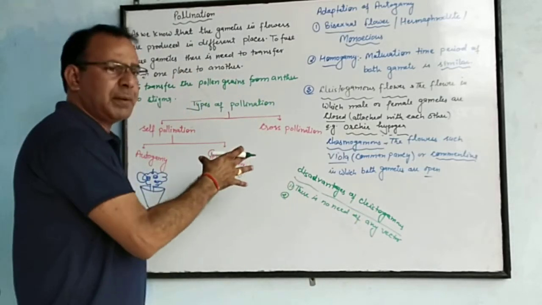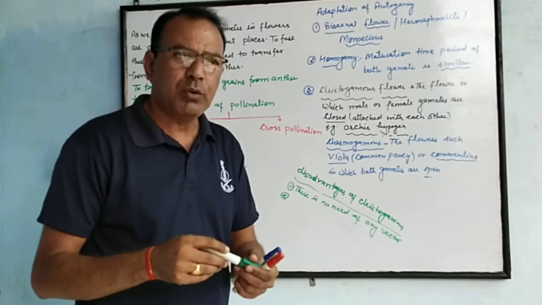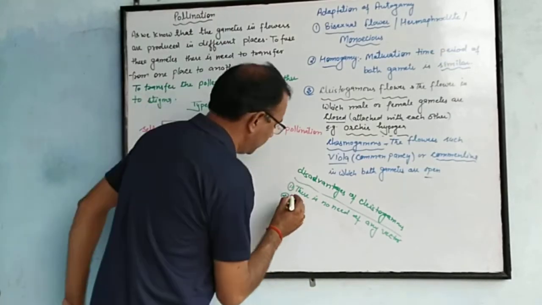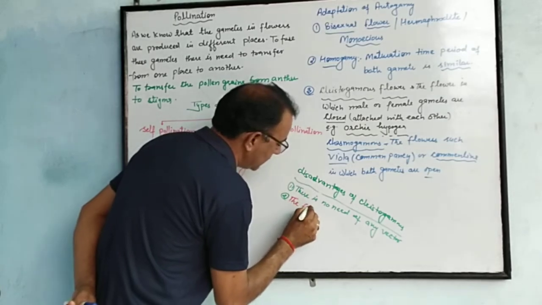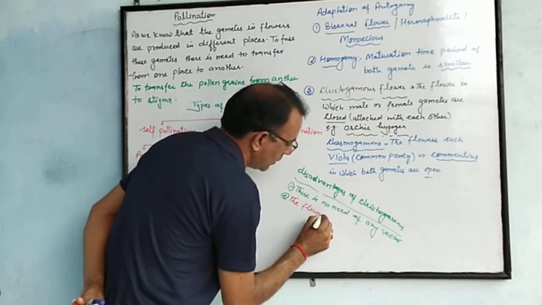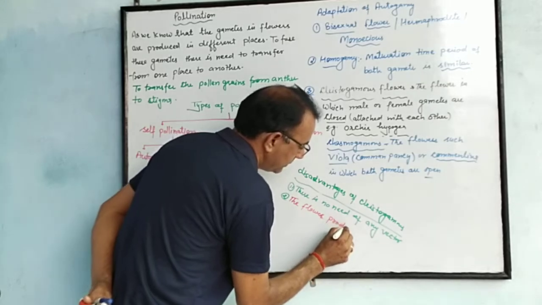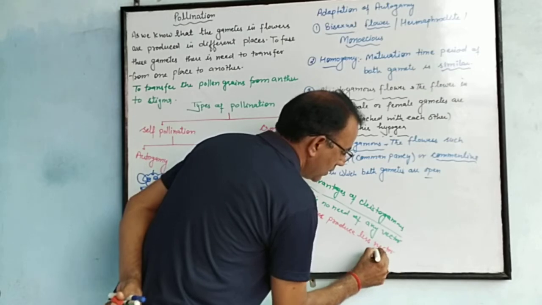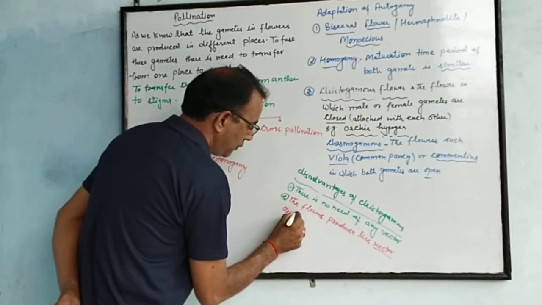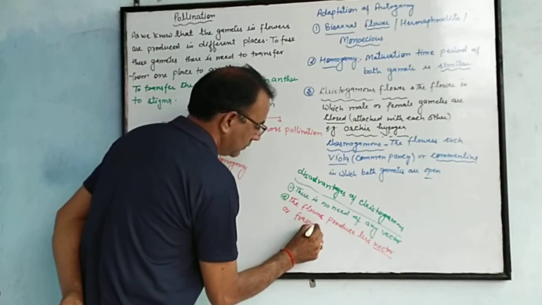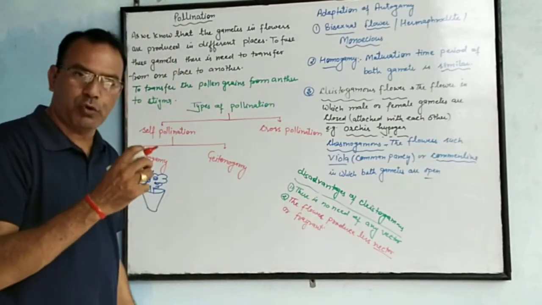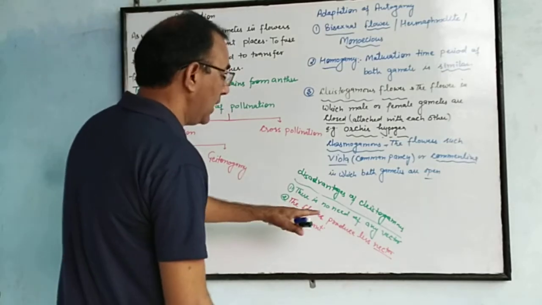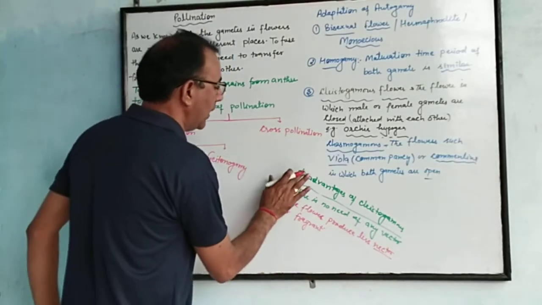Number 2, this type of flowers may have less amount of nectar or no nectar and are not fragrant. The flower produces less nectar and is less fragrant, meaning the fragrance and nectar are in very less amount.